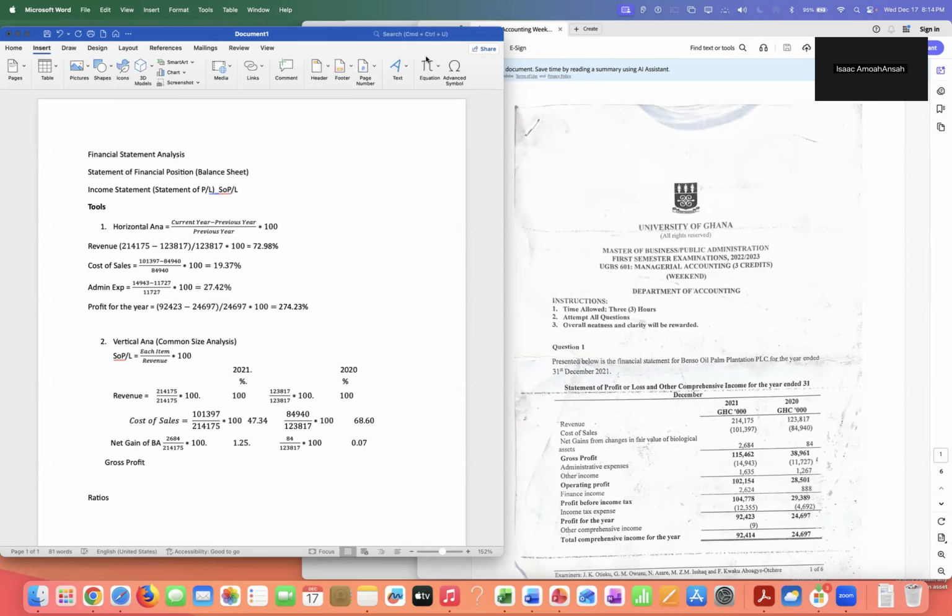What are the figures for 2021? 115,462 divided by 214,175 times 100.